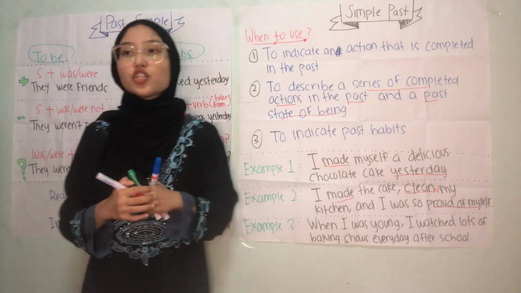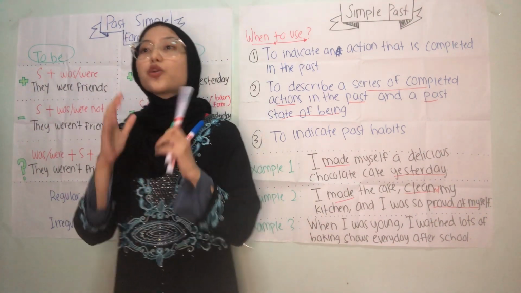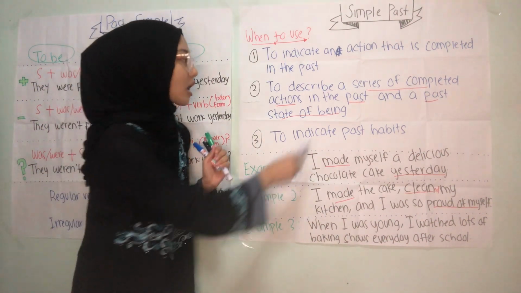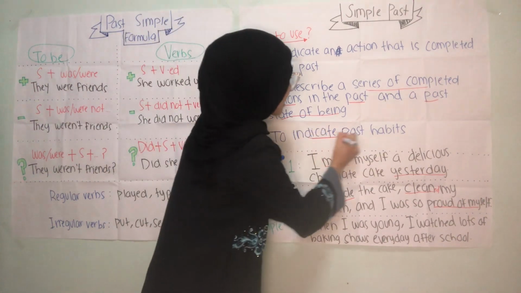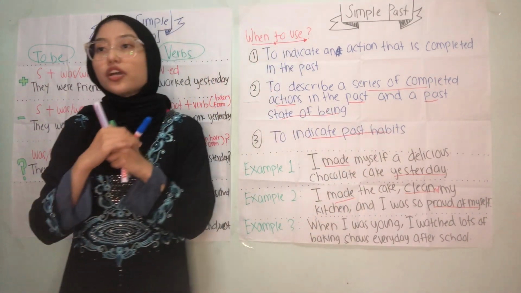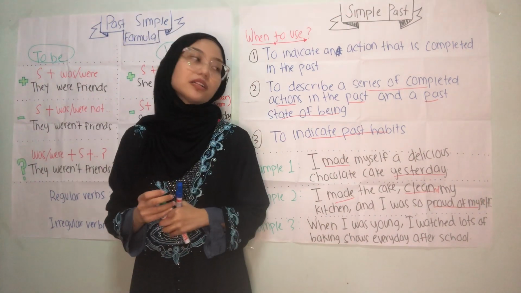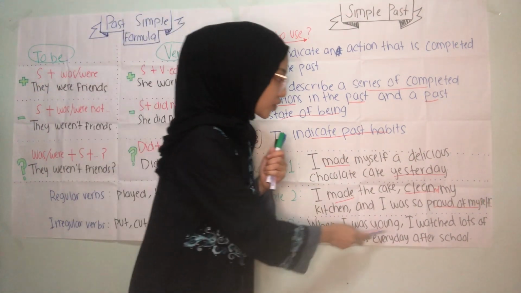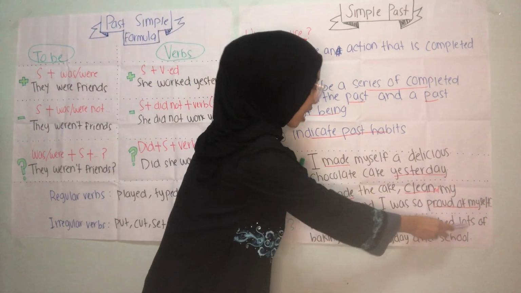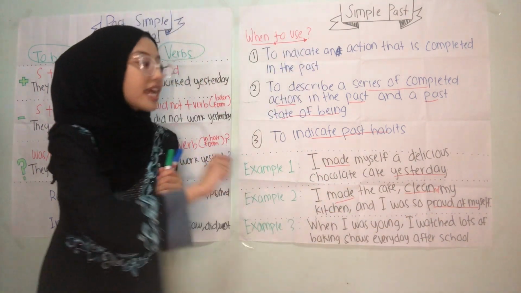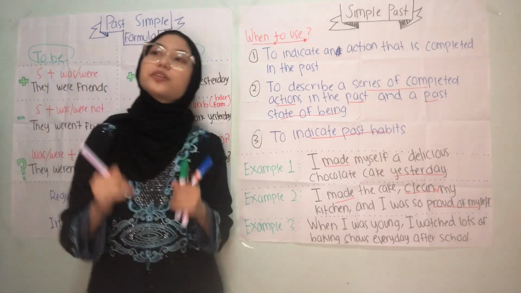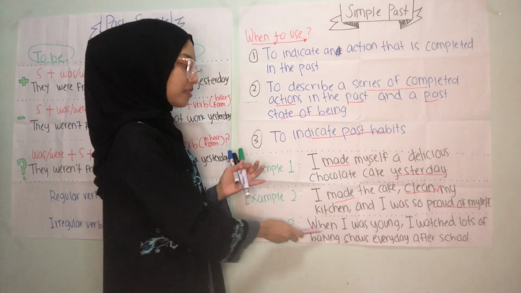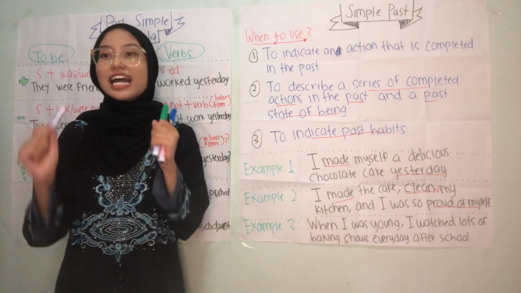Other than that, we also use it to indicate past habits. For example, when I was young, I watched lots of baking shows every day after school. Now can you confirm for me, is this a past habit? Yes.